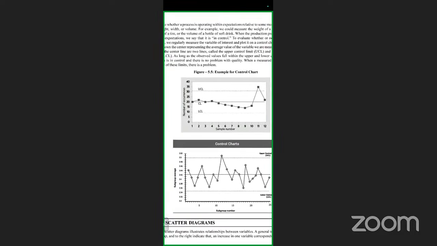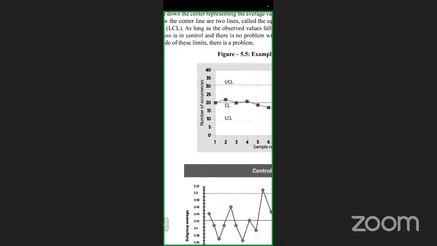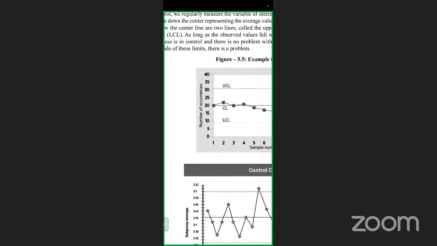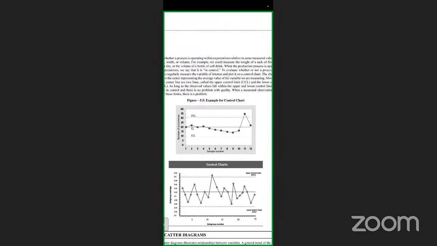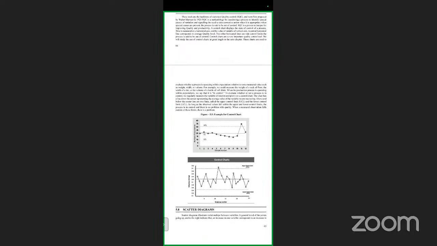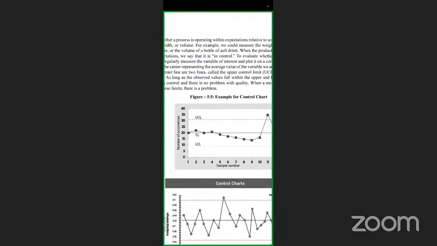Now you can see, I'll explain this control chart. Example of a control chart: you can see here the number of occurrences. What is meant by CL? Control limit. LCL means lower control limit. UCL means upper control limit. Now here is the sample number: 1, 2, 3, 4, 5.